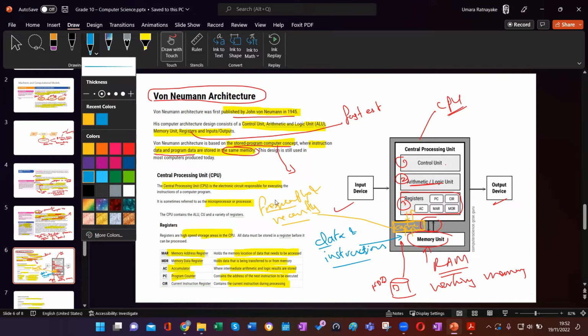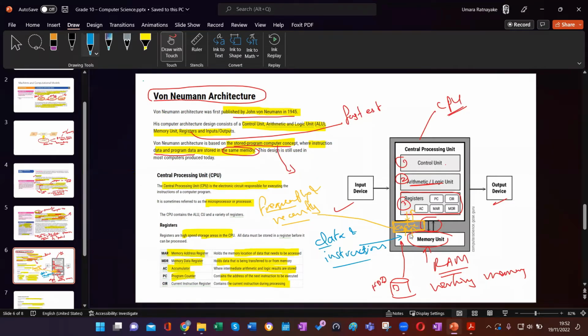So remember, von Neumann didn't introduce cache. That is some extra information. In his design, there were the control unit, ALU, registers, input devices, output devices, and RAM.